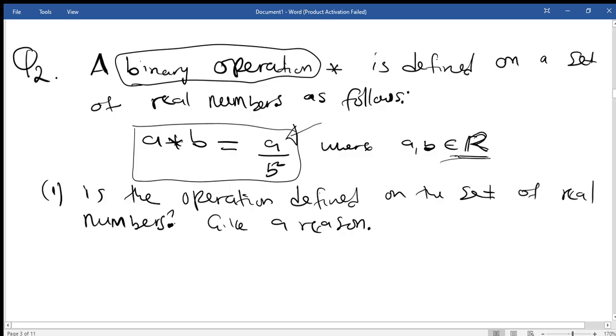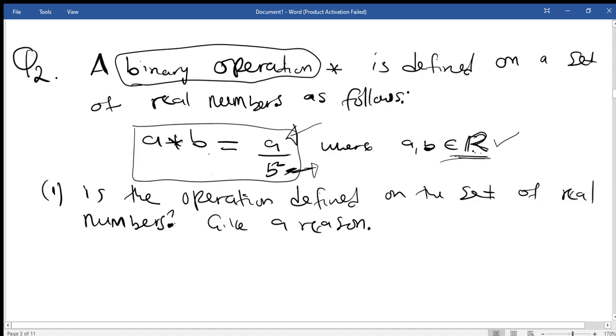If this fails to be contained in the set of real numbers, it means this operation is not closed on the real number set. So it can only be closed if the elements are coming from that set, as well as the outcome also belonging to that particular set.